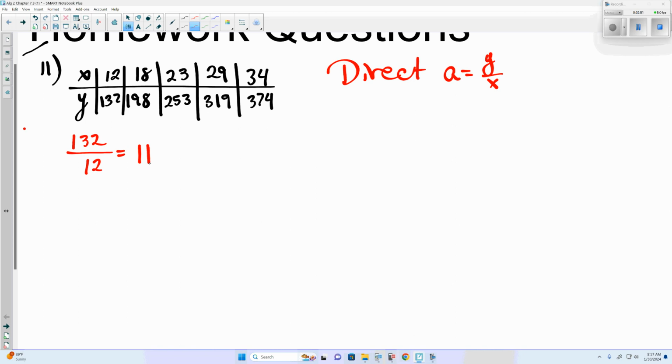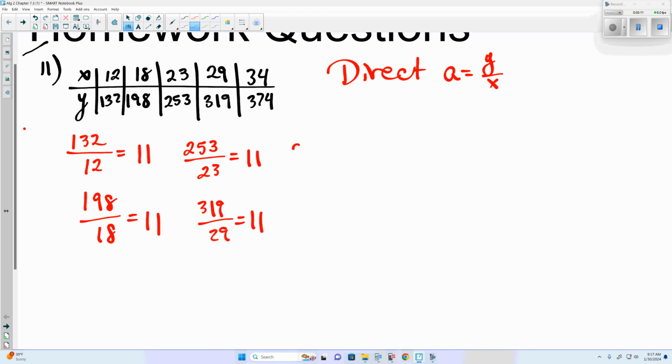Then we can move on to 198 over 18, which works out to be 11. 253 over 23 is 11. 319 over 29 is 11. 374 over 34 is 11. So since we got the same amount each time we divided, it tells us that this here is direct variation. It's direct, because we have that constant amount each time.